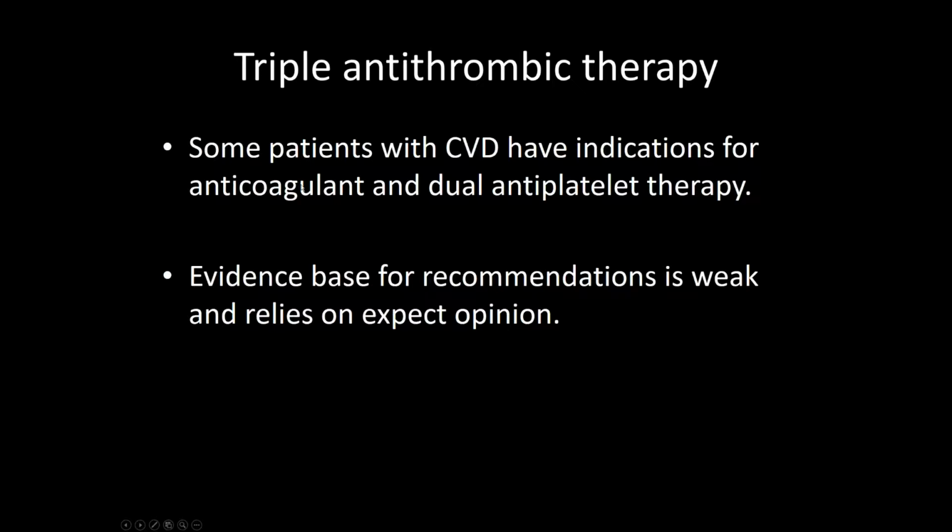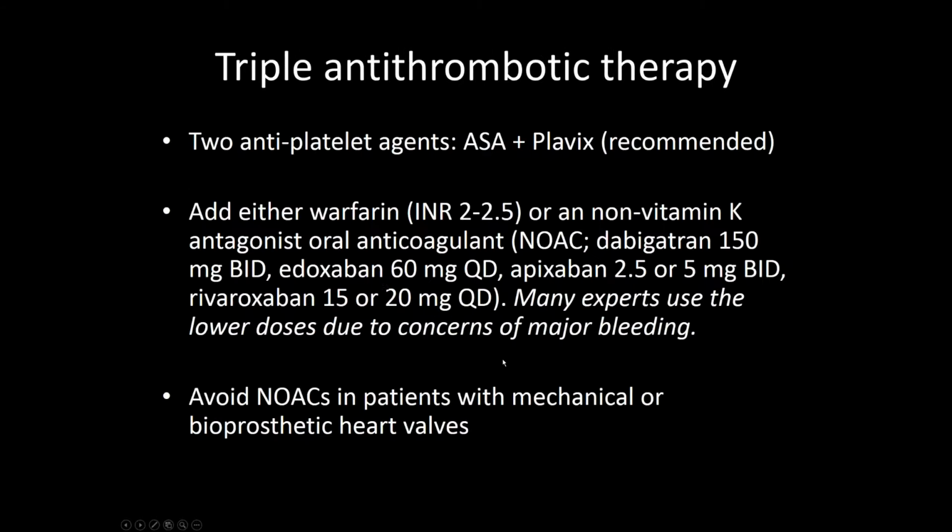Other causes may be a recent PE or DVT, and in our case, you have this patient with a complex aortic plaque. So the evidence out there, back when we're talking April, is fairly weak, and most of this relied on expert opinion. What was recommended was two antiplatelet agents, like an aspirin and a Plavix.